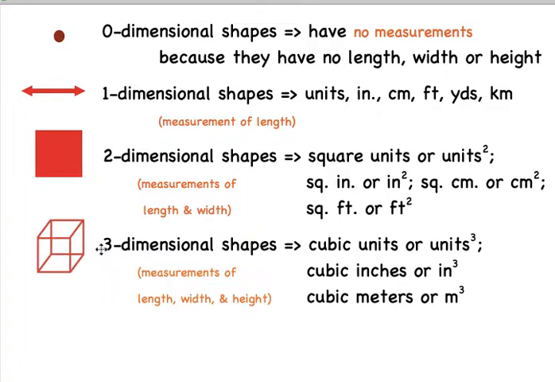So three-dimensional shapes measure length, width, and height, and they're written as cubic units or units cubed, cubic inches or inches cubed, cubic meters or meters cubed. These are just a few examples. But if you don't know the measurement, you're going to call it cubic units. Okay?